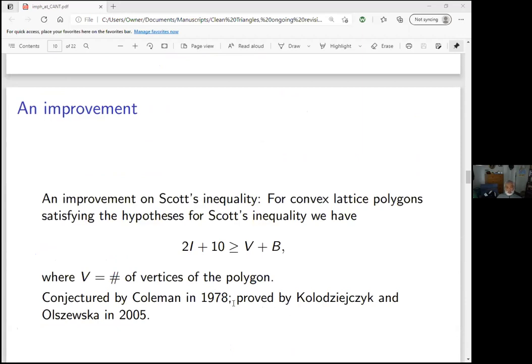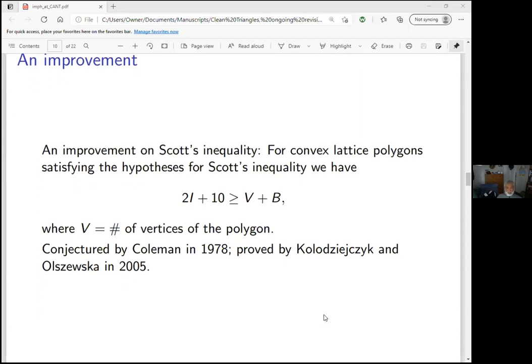This was conjectured by Coleman in '78, and the first proof that was written down was in 2005. I'm sorry, I'm unable to pronounce the names of the people who wrote down the proof.